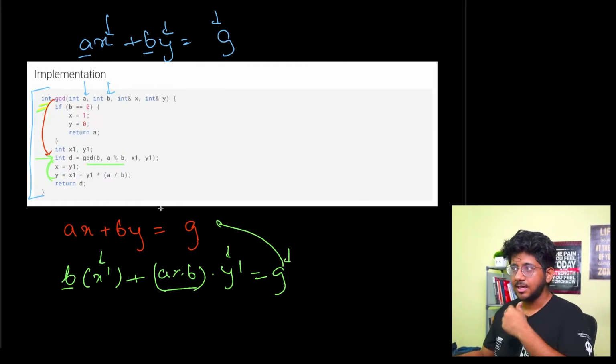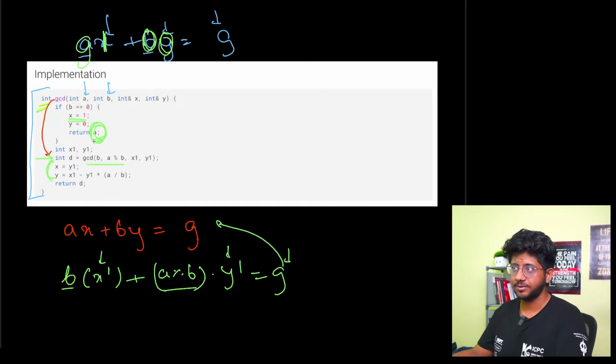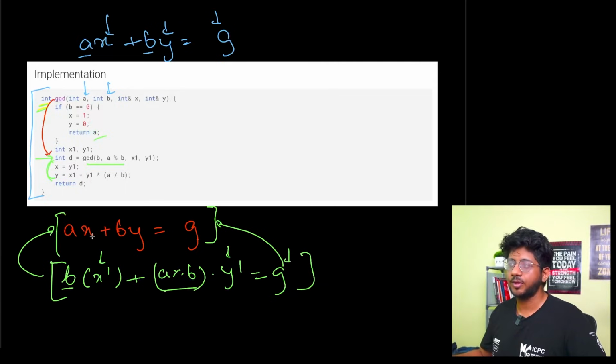Now at the base case, when b is equal to 0, x is obviously equal to 1 because the GCD is nothing but a. Of course, y is 0 and x is equal to 1 is a solution because this is nothing but g. So the base case is working fine, but if you know the solution from this, how do you find out a solution for this? That's what we want to do.